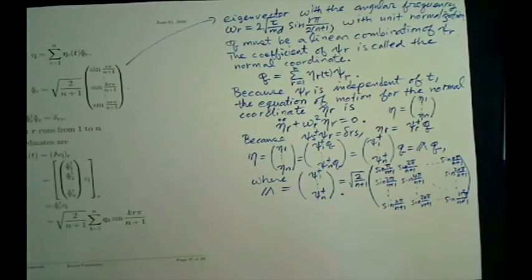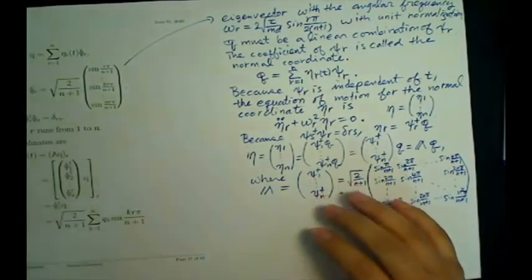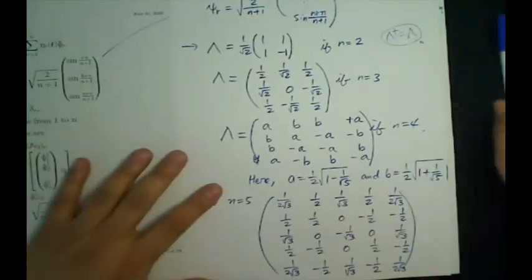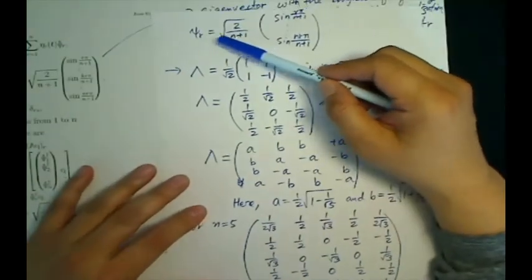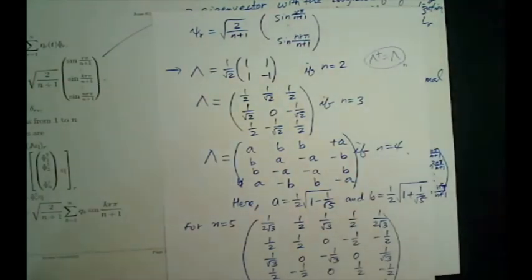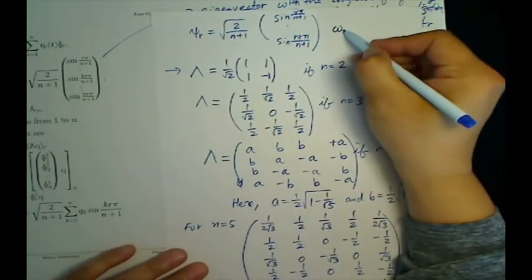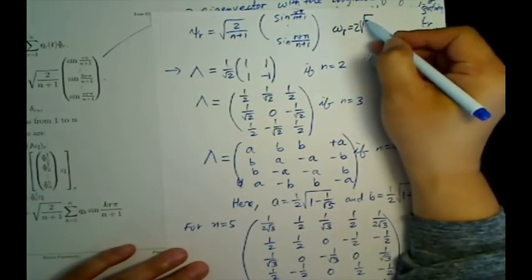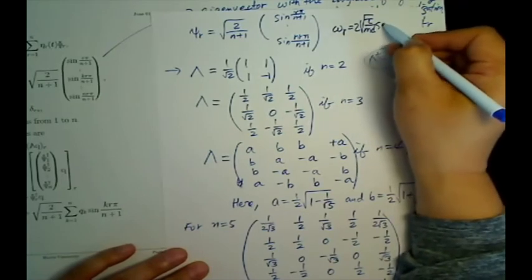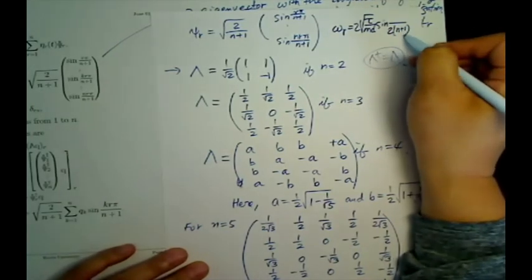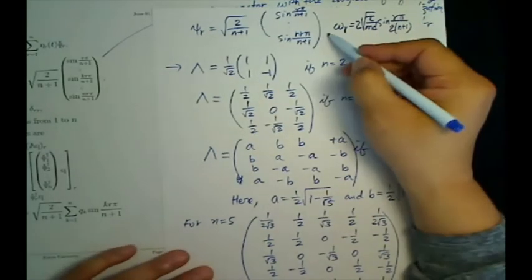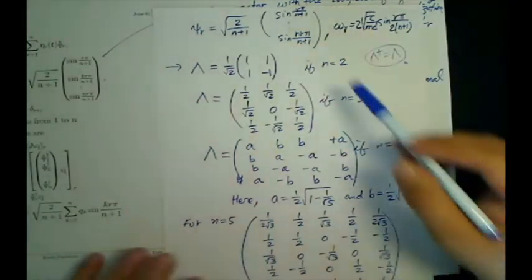Now, we have found the eigenvectors for the natural frequency omega r equals 2 times the square root of tau over md times sine of r pi over 2(n plus 1), and this expression is exact.